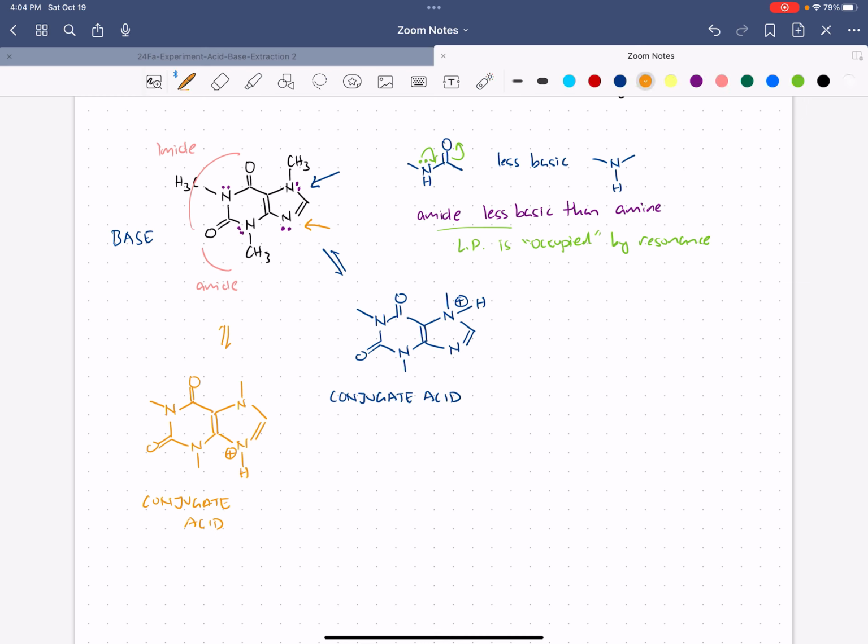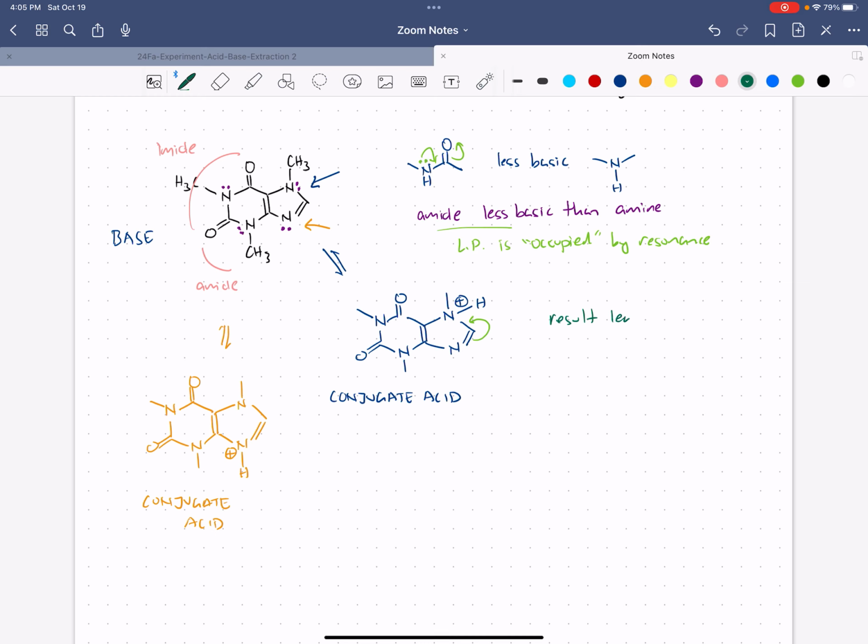You may think for the first conjugate acid that this is a valid movement. Well, that's not good because it will result in this nitrogen not satisfying the octet, and this nitrogen not satisfying the octet. I suggest you don't draw it at home, the result, but I'm just going to put it in notes.